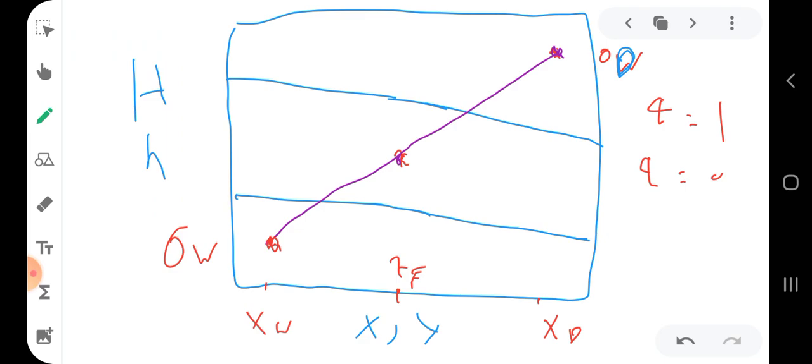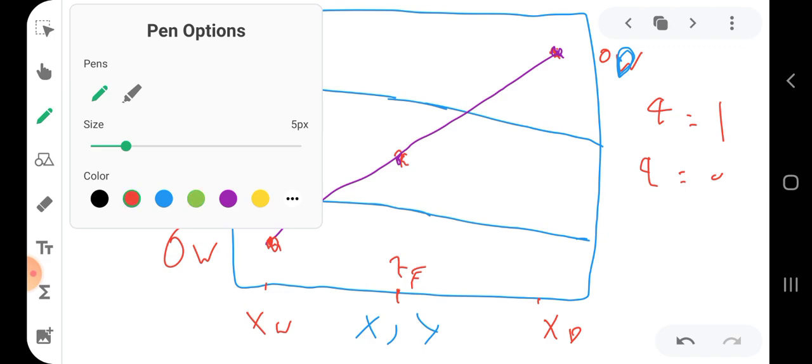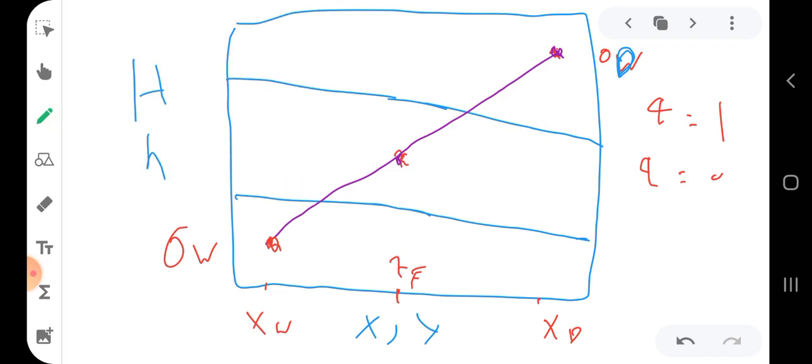If you have liquid distillate, which is the case for total condenser, your point will be here, right? Because this line is for liquid. And if you have a vapor, it will be here. Suppose I have a liquid distillate, so this will be my starting point.